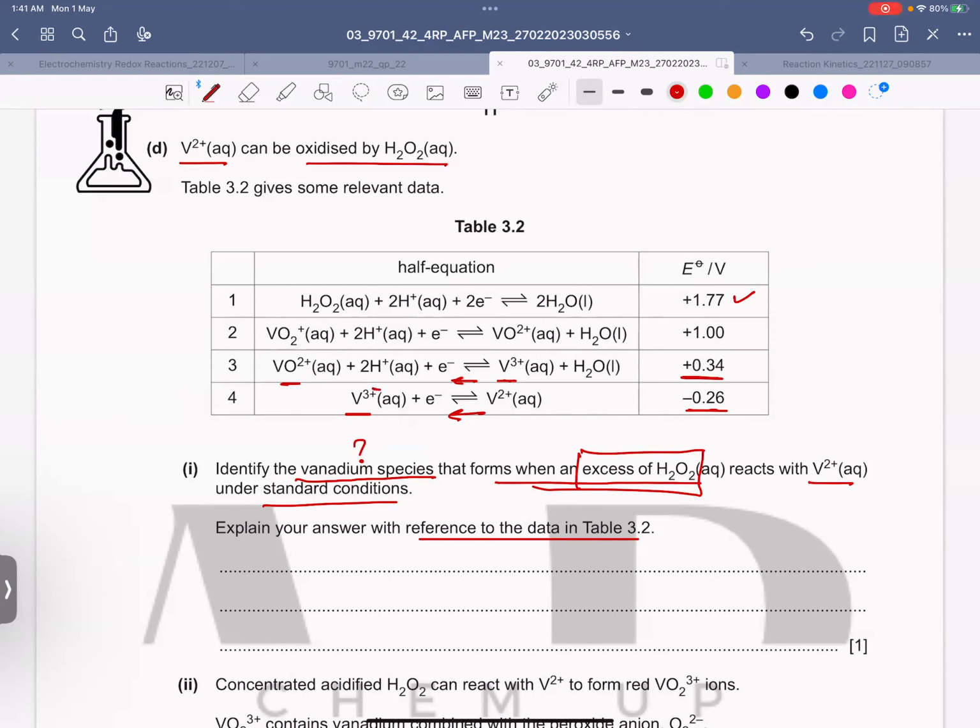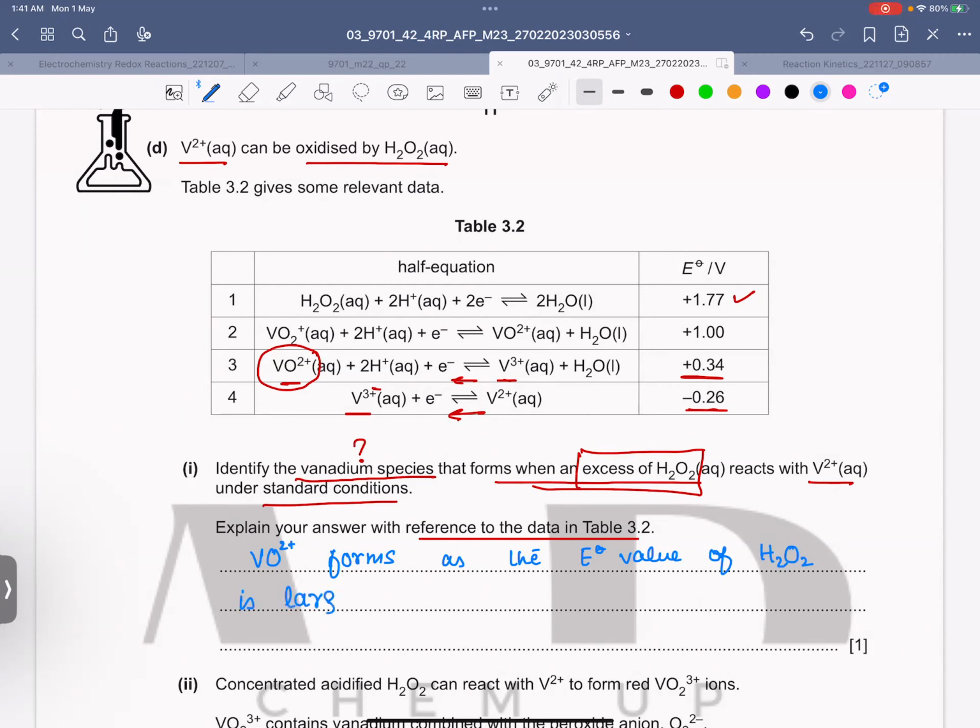Yes, very good. So our answer would be that VO2 positive forms as the E naught value of H2O2.